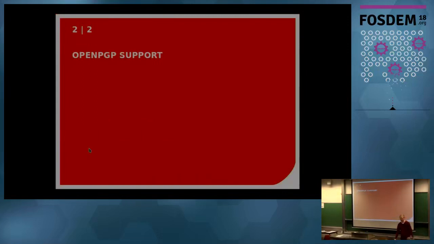Okay, second topic, OpenPGP support. Earlier on you could use X509 certificates in LibreOffice to sign the document. We added, with support from the German BSI, support for OpenPGP, so you can use your existing keys you have and use for email maybe or whatever.